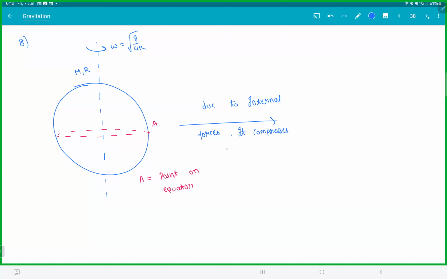The mass is same, and this became R by 2. Again, if you take the same point here, A is still on the surface. Find the ratio of g apparent before and after.